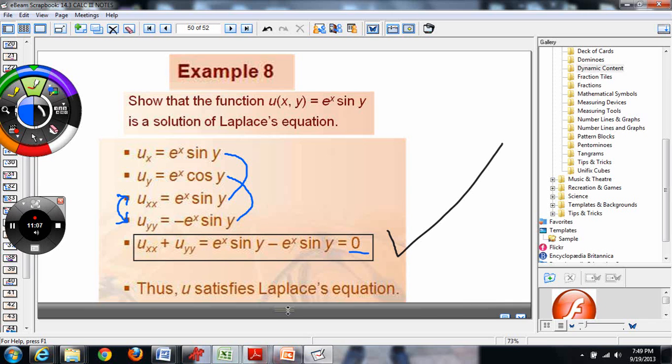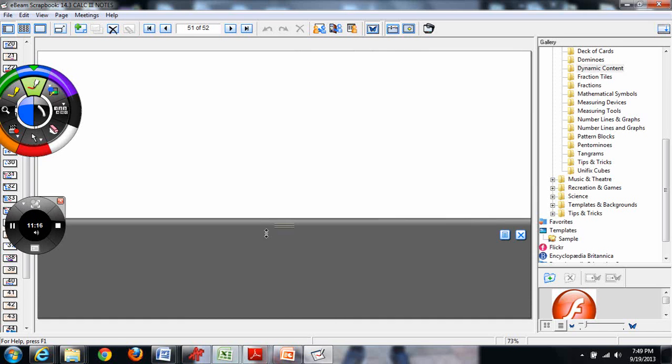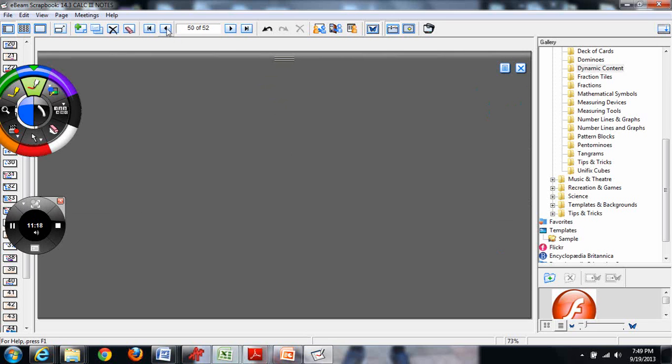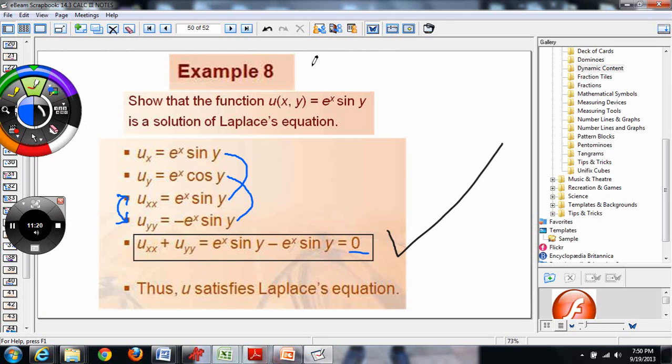If they do, then we're showing that it satisfies his equation. Does that make sense? Hopefully you guys will be fine to work through the problems.